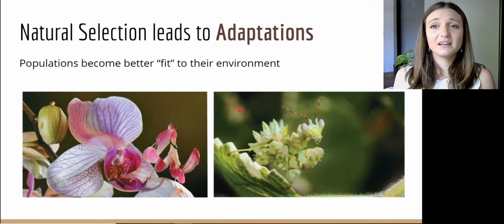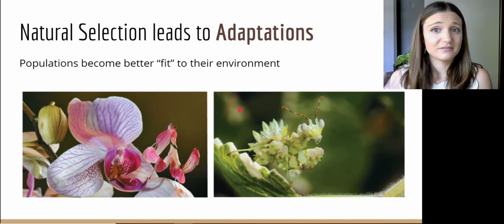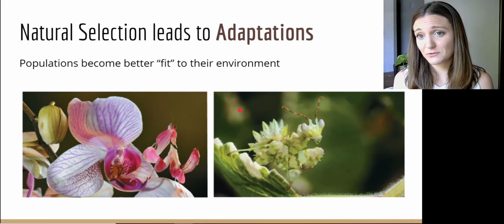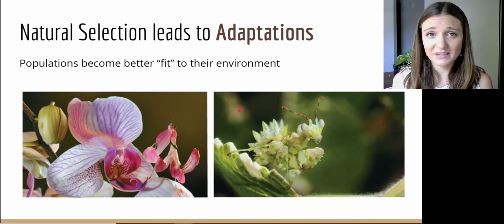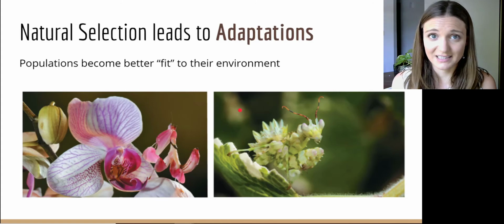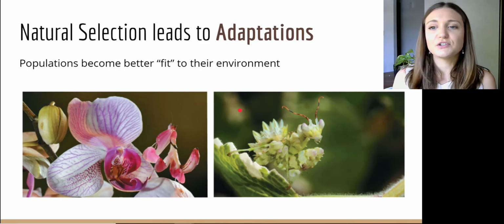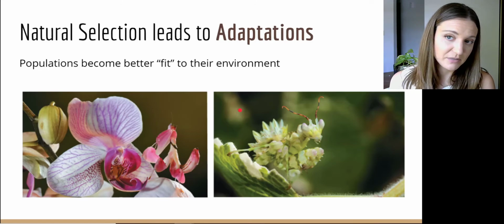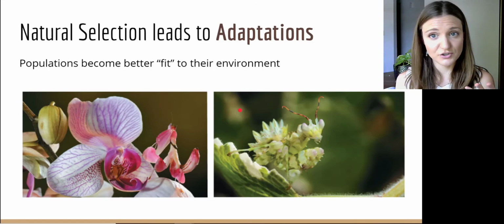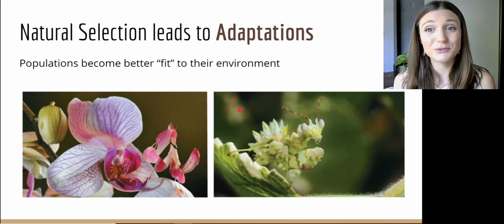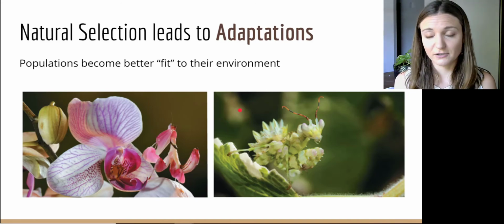It can be extreme like these guys, or it can be something as simple as being able to close your stomata if you're a plant when it gets hot, so you don't dehydrate. So both physical and physiological characteristics can be adaptations. This process of natural selection results in populations becoming better suited to surviving in their environment.